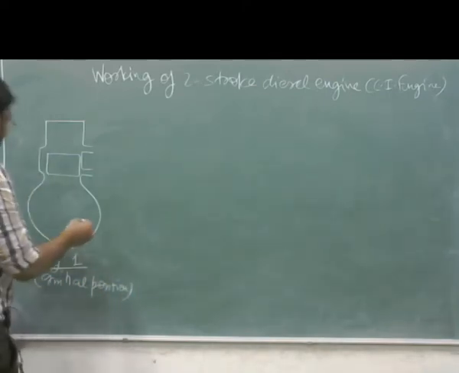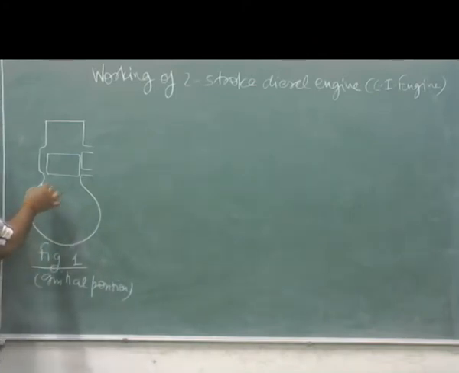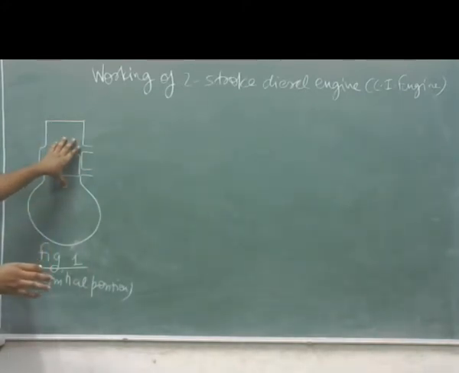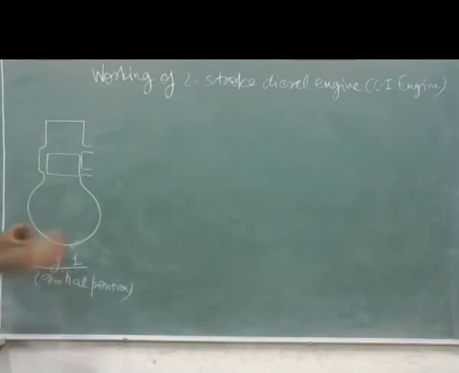So here, this is the engine cylinder. The structure is almost similar to the structure of the four-stroke engine. There are some differences, which I will explain.